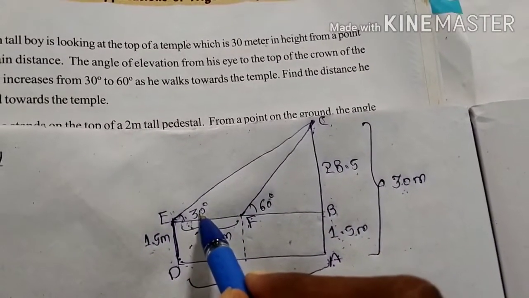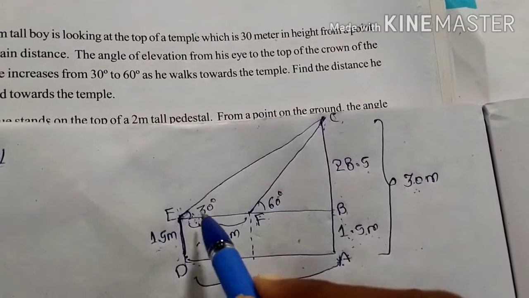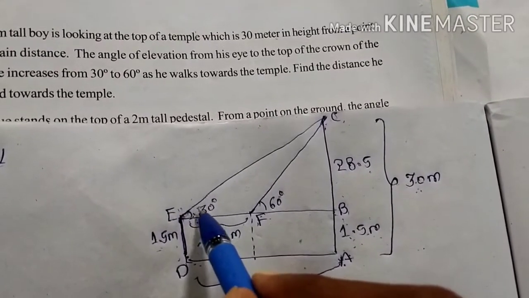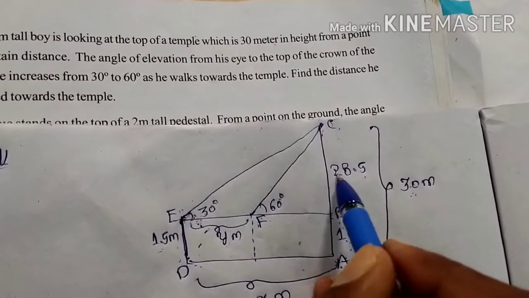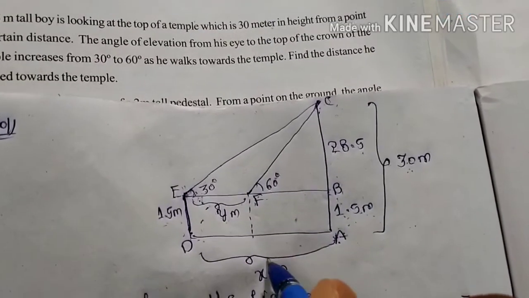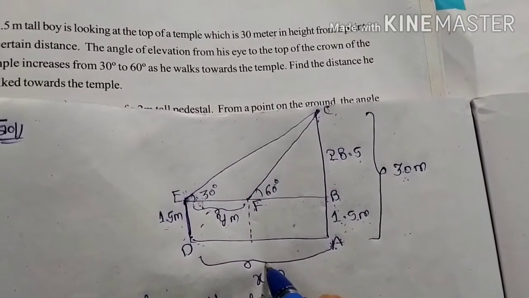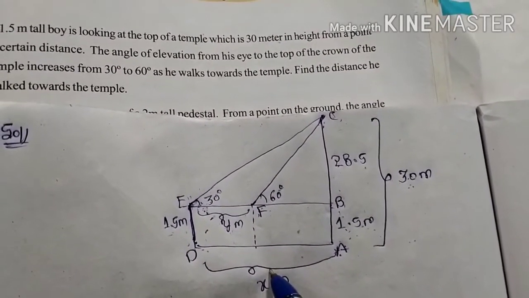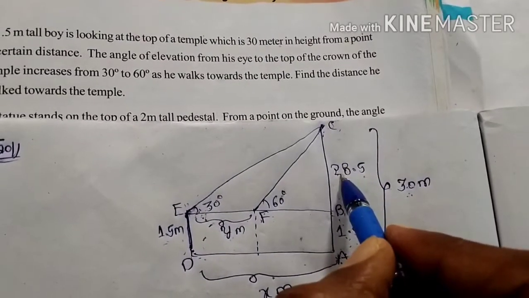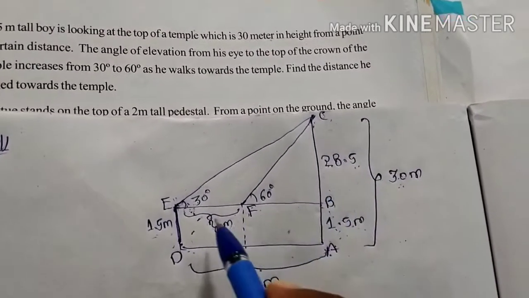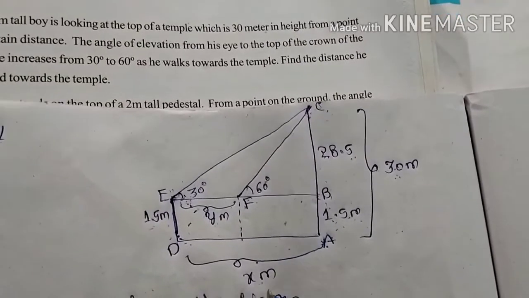From the triangle BEC, can I take tan 30? Tan theta is opposite by adjacent side. Here opposite should be 28.5 and adjacent side will be x meters.